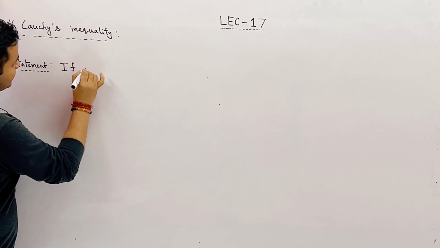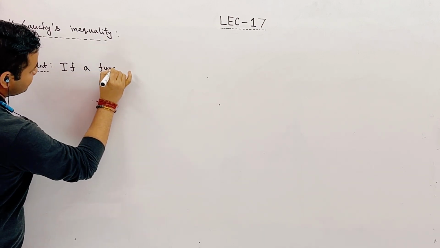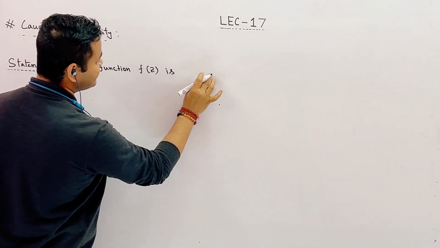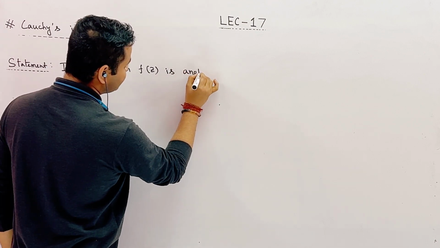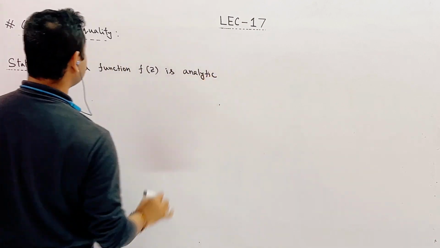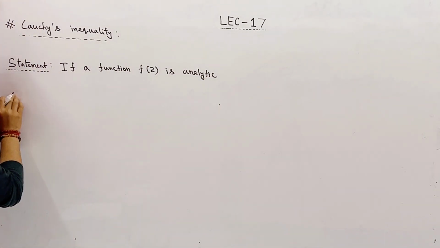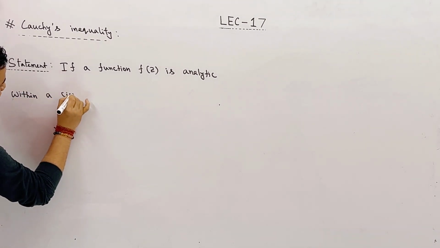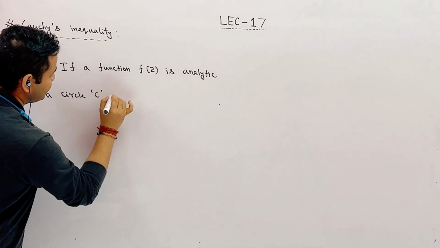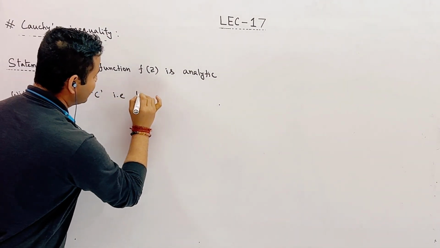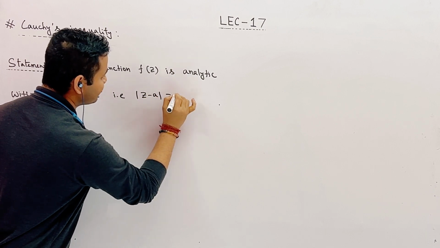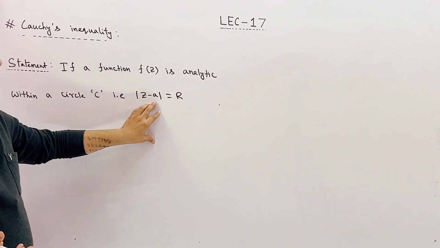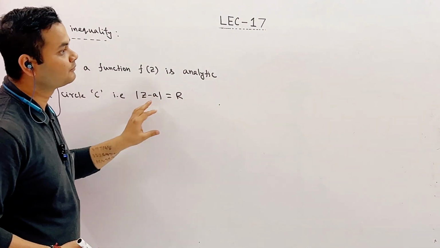If a function f(z) is analytic within a circle C, that is modulus of z minus a equal to R. So, the radius of the given circle is capital R and the center of the circle is at a.